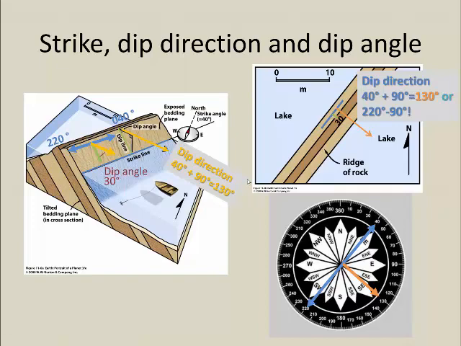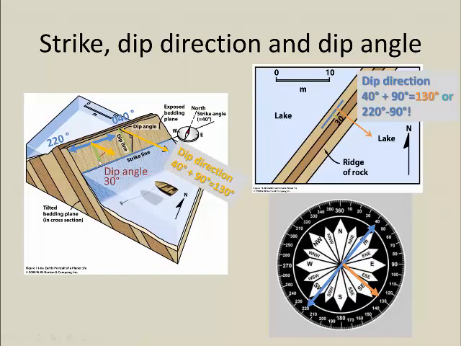So then we have the dip angle, which is different from the dip direction, and you need to be aware of that. The dip angle describes how steep this layer is oriented, and that would be the angle between the dip line and the dip direction.